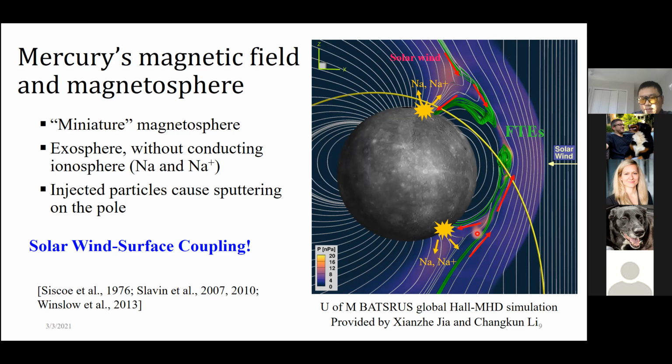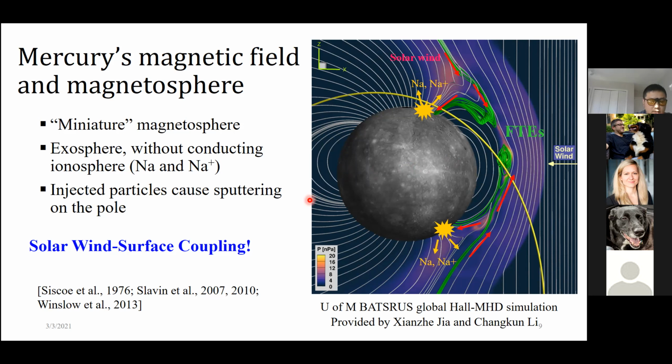As you can see, the magnetopause is only around 100 kilometers above the planet's surface. We know at Earth, the subsolar magnetopause distance is normally larger than 10 Earth radii, that is more than 60,000 kilometers above Earth's surface. So this is quite a tiny magnetosphere compared to Earth's magnetosphere.